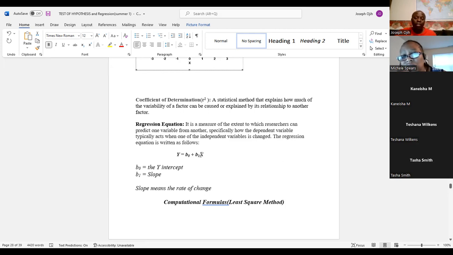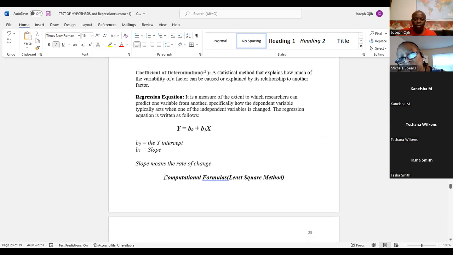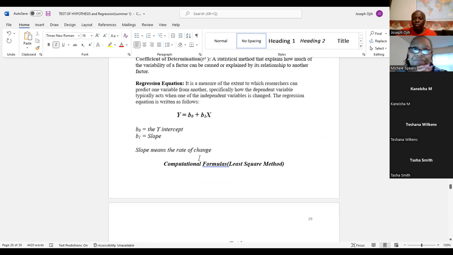For this class, we're doing only the simple one, simple regression, which is y equals B0 plus B1x, where B0 represents the y-intercept, if you remember from your algebra class, and B1 is the slope. This slope means rate of change, really.